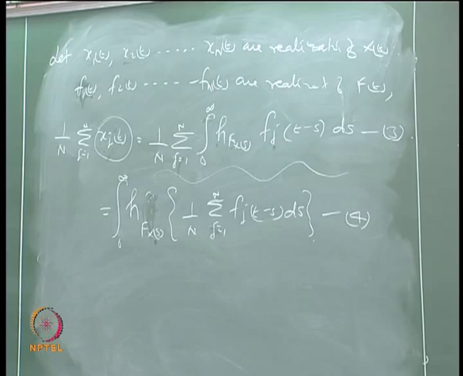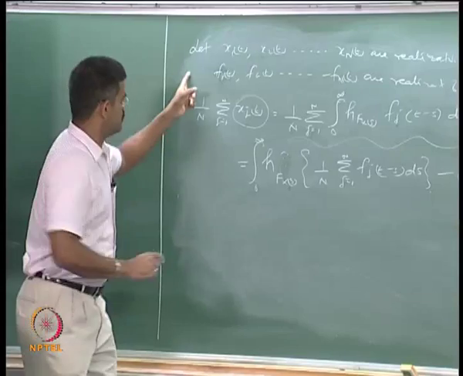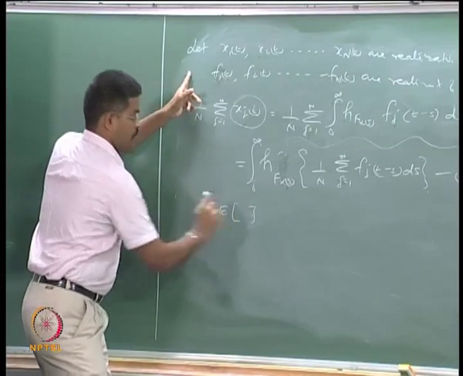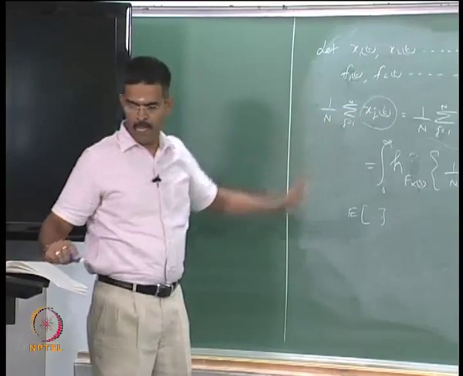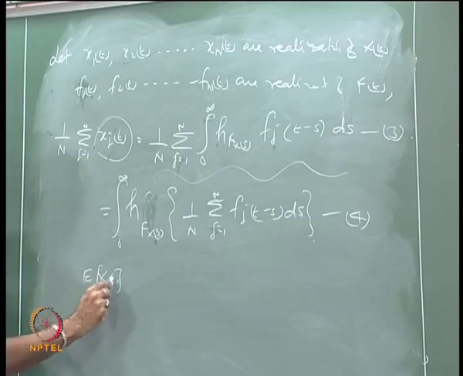Therefore, what is this value? This expected value, what is this value? It is the mean of the response function, is it not?